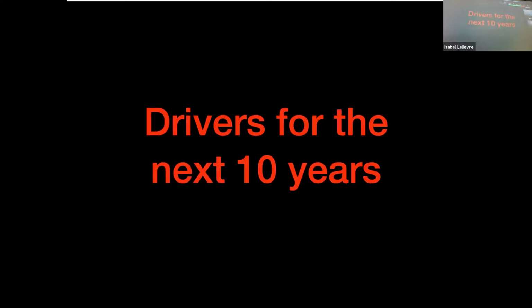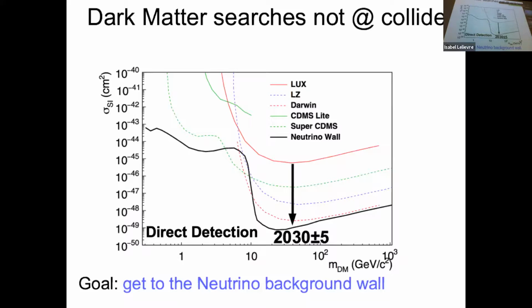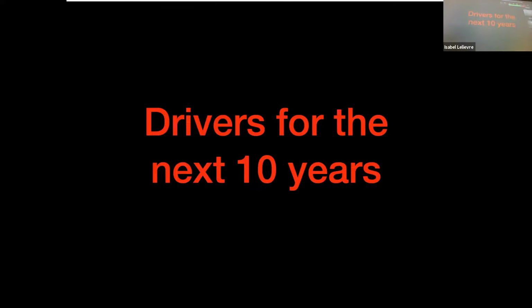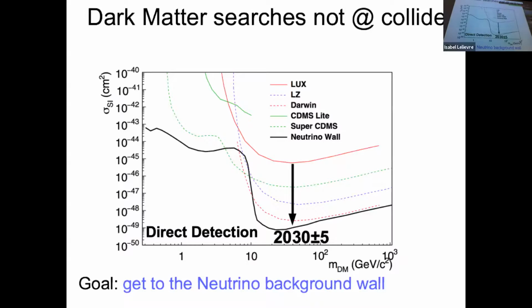Now I want to talk about the next 10 years, what's going to happen. With direct detection, there's a clear plan: make larger and larger direct detection detectors until they hit the neutrino wall, so eventually you get to the DARWIN experiment. And you'll hear talks about experiments to get to the neutrino wall on the low mass side.